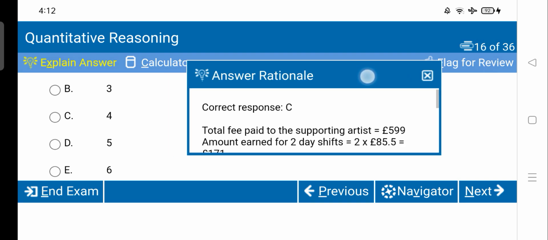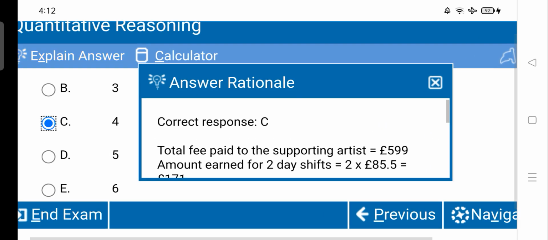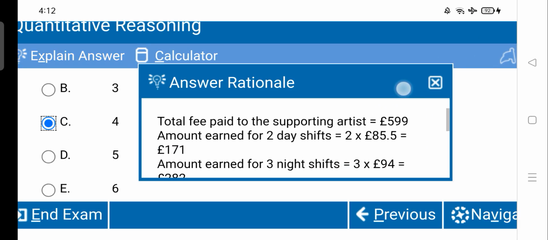So let's see which one is the correct option. Here the correct response is option C, as the total fee paid to the supporting artist equals 599 pounds.